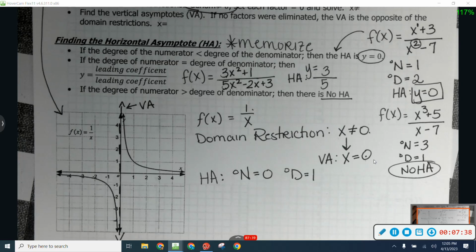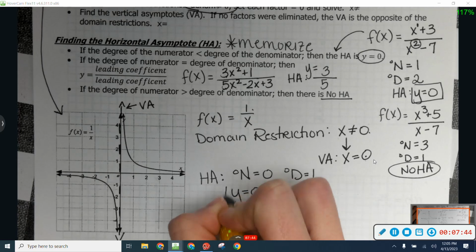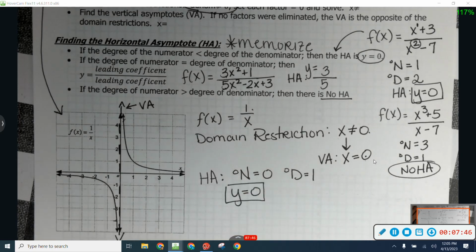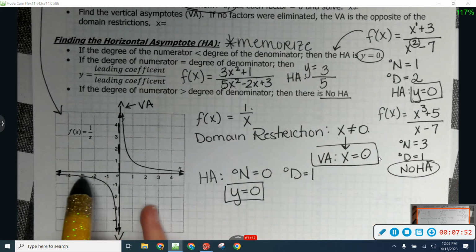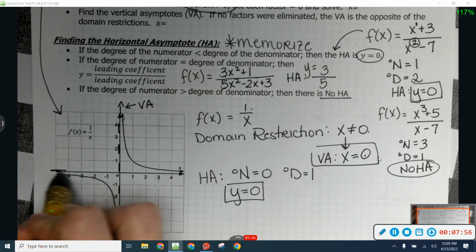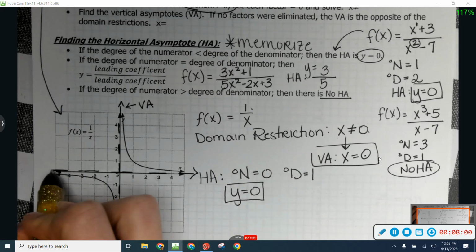Numerator is less than denominator, right? 0 is less than 1. So my horizontal asymptote would be y equals 0. So here in this graph, it gets close to the x-axis but never crosses it. That's going to be your horizontal asymptote right there.